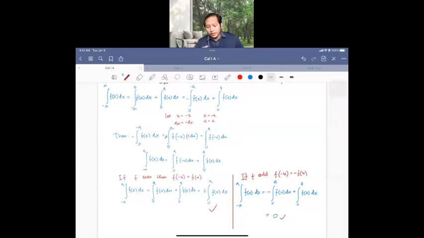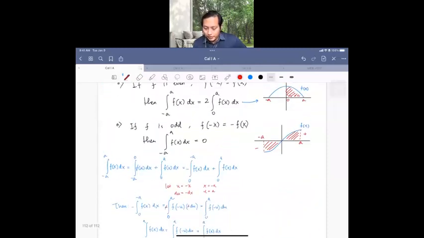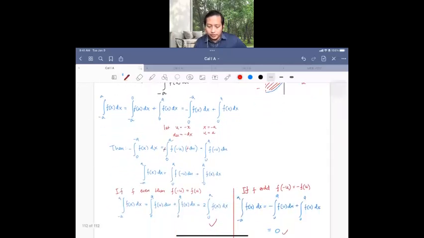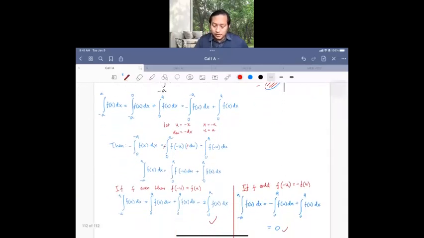Okay. I think if you feel confused on this part, the integral part using the substitution, you can always look at the visuals like this. The visuals are clear. This is just some proving on the symmetric functions.